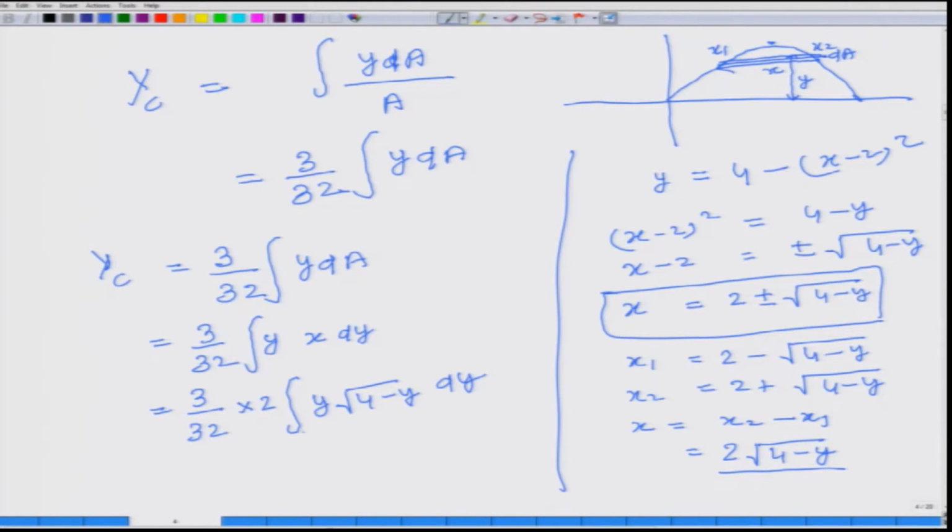So, we will integrate from 0 to 4. Is it okay? So, this is 3/16. So, we have to find out this integration, 3/16, 0 to 4, y root 4 minus y dy.